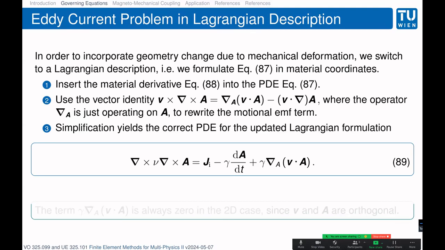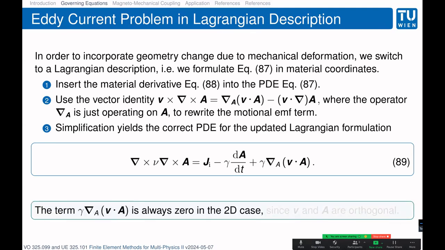So basically you evaluate the time derivative as a substantial time derivative, so meaning in the lab frame, and you have this additional convective term that changed form a little bit. What didn't change is that this convective term is always 0 in 2D.